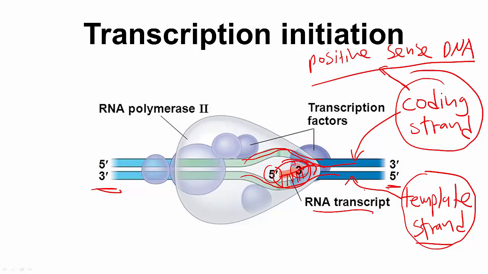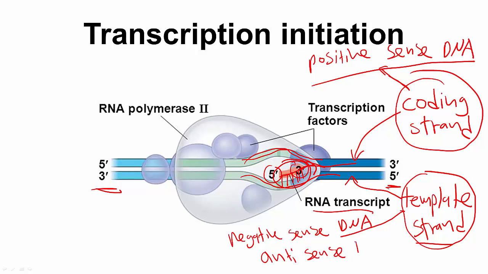And then the template strand, the strand that the RNA uses for synthesis, is sometimes called the negative sense DNA, or sometimes called anti-sense DNA, because it's complementary to the positive sense DNA.